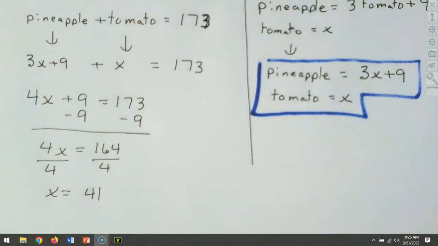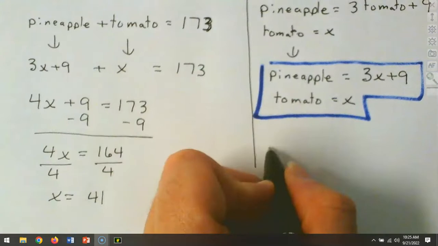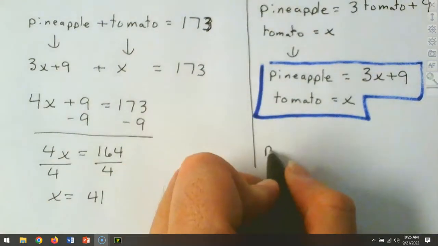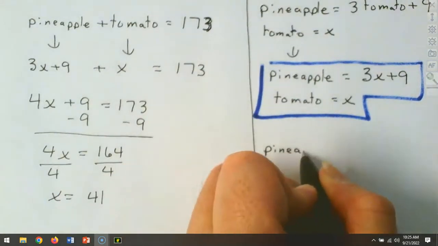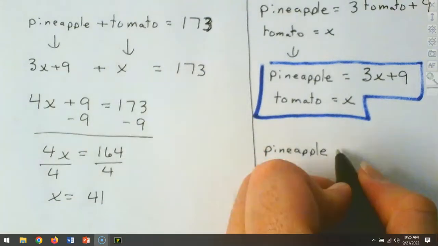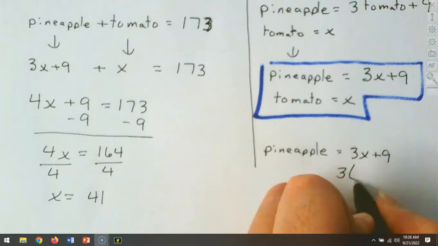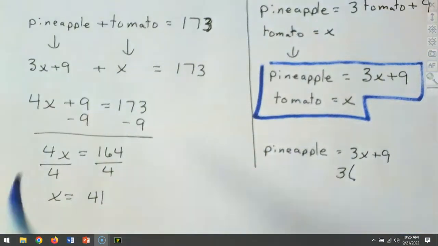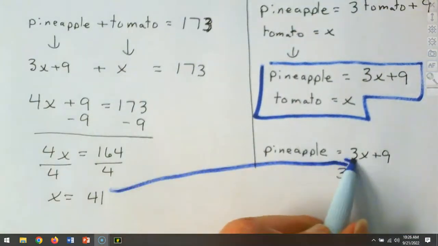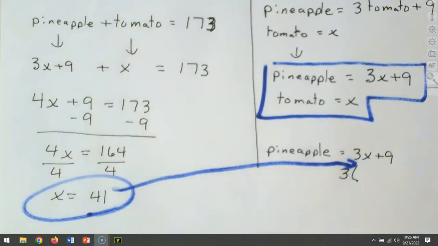Now, what do our two juices have for the calories? Let's plug them in and see. Let's first work with our pineapple juice. So the pineapple is 3x plus 9. So that's going to be 3. We're going to plug in our 41, right? 41 gets plugged in.